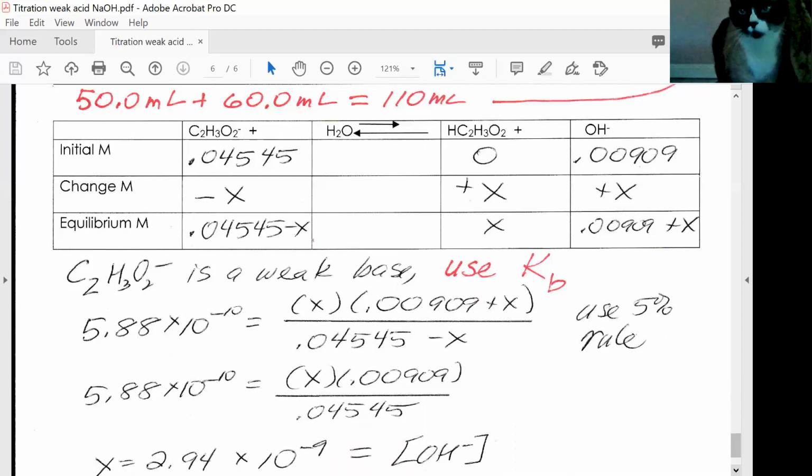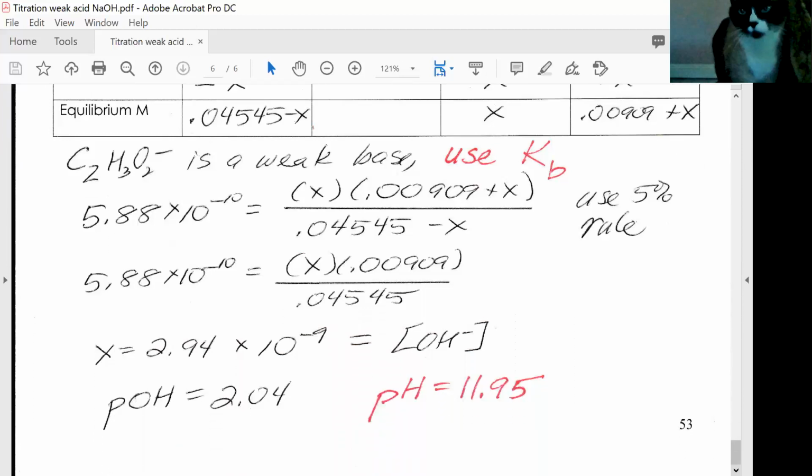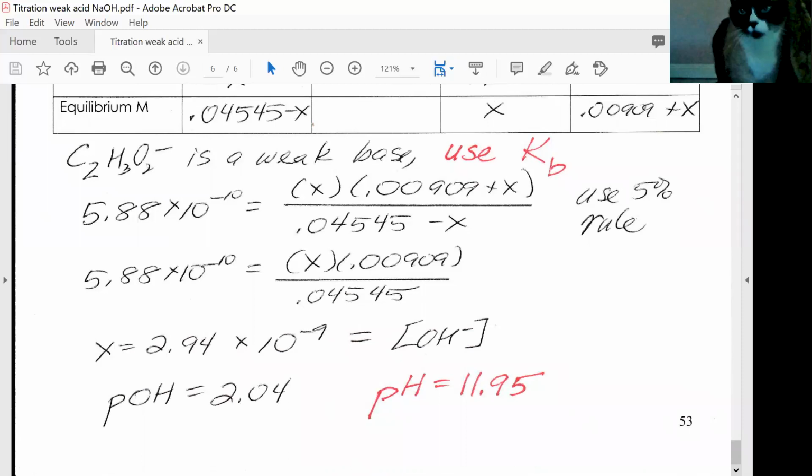So now that we have our equilibrium values, we will put that into our equilibrium expression. And remember, acetate is a weak base. We're going to use a Kb. So our Kb is 5.88 times 10 to the minus 10. We set up our expression. We use our equilibrium row, products over reactants.